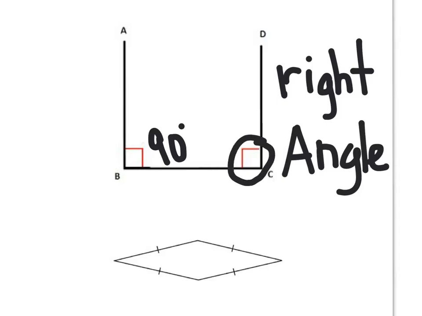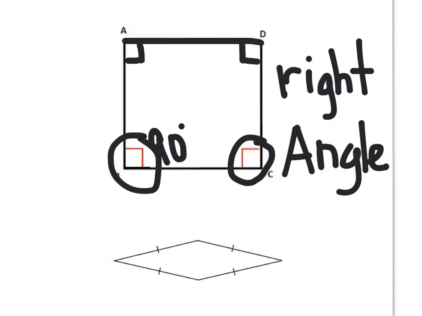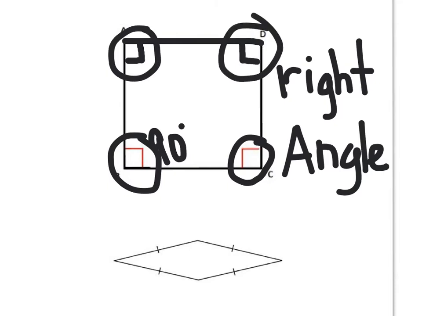So what if I connected to make a perfect square? When I can go to the corner and make a square in the corner just like that, they form right angles. So this square has 4 right angles, just like that.